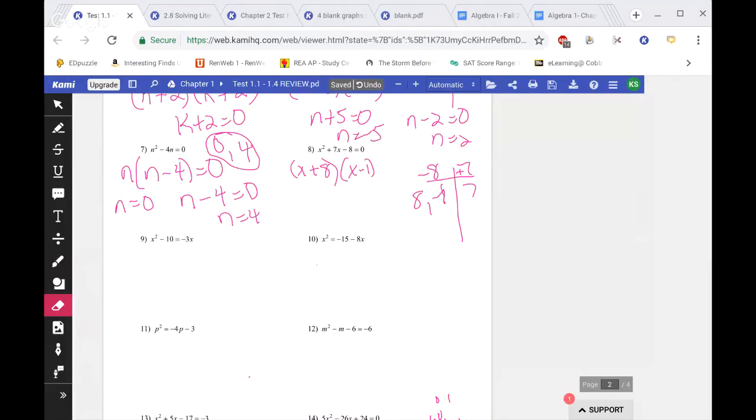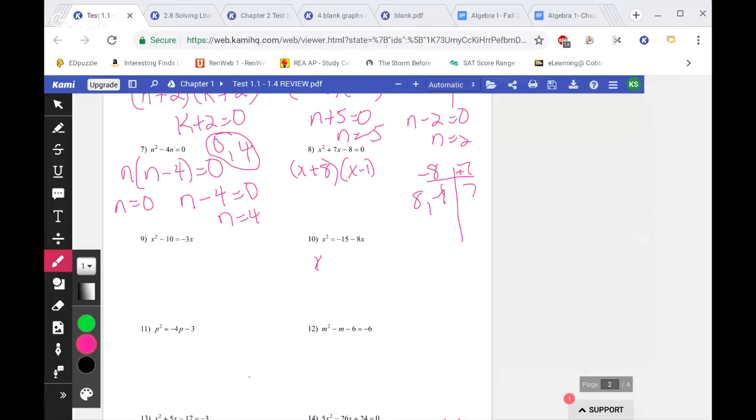You did number 9 with me earlier. Okay, thank you. And number 10, you want me to do that one then? Yeah, if you don't mind. Okay, so just like number 9, number 10 is not in standard form yet. Standard form is when there's a 0 on the right and all terms are in descending order with the highest exponent going first.